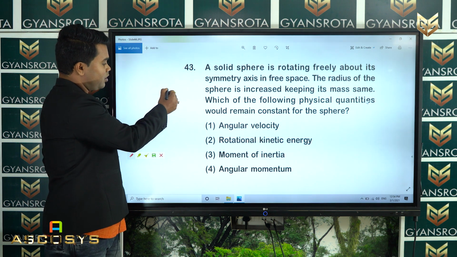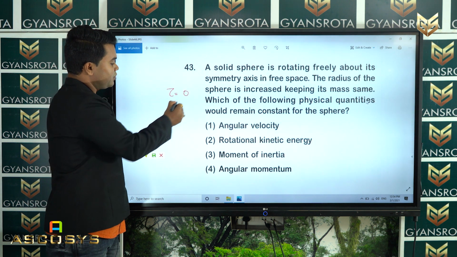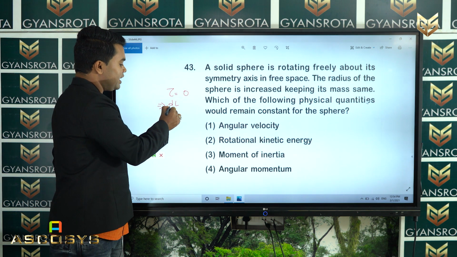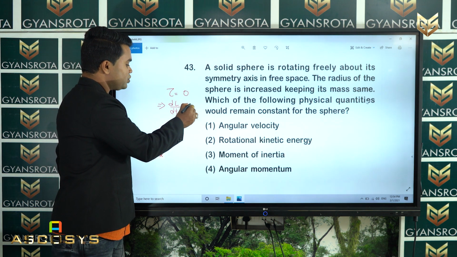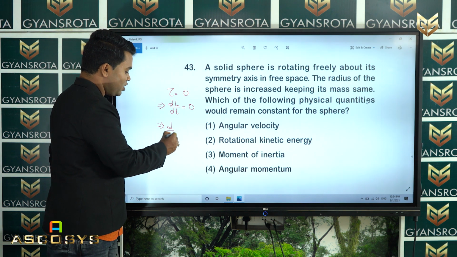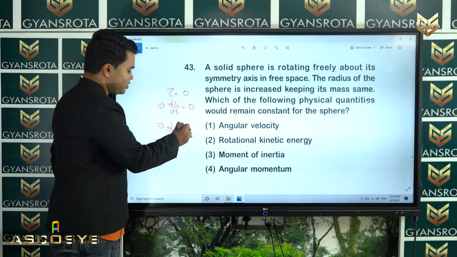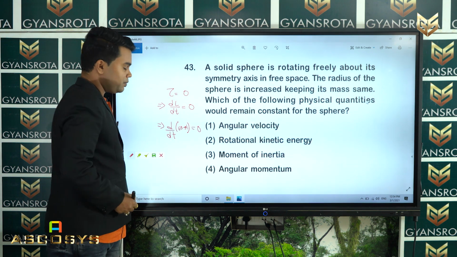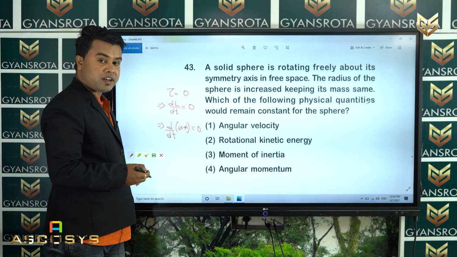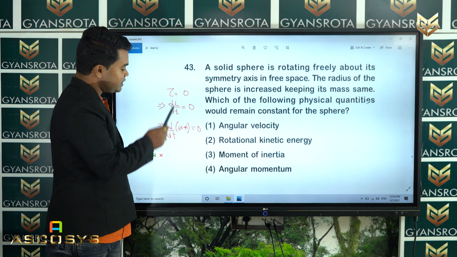Net torque will be equal to 0, or I can say there is a relation between torque and angular momentum, dL by dt is equal to 0, which is going to prove that d/dt of a constant is equal to 0, right? This is from the chapter rotational bodies of class 11. So L is remaining constant.